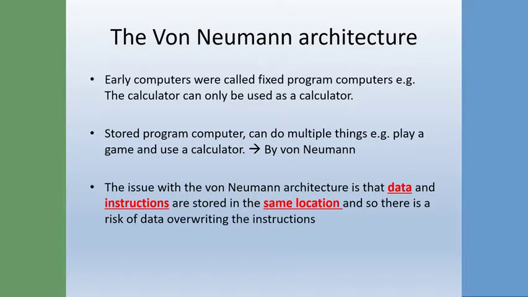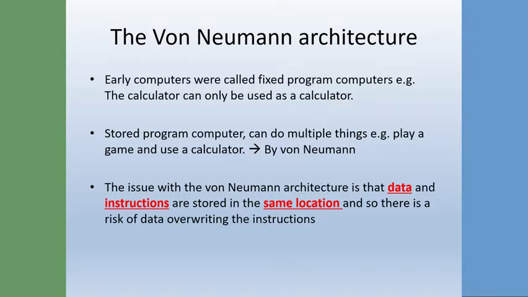Secondly, let's move on to something called the von Neumann architecture. Many, many years ago, back in the early 1940s, computers were called fixed program computers. Basically, they had one purpose. If you think about a calculator, it can only be used as a calculator. That's all it can do. It can't do anything other than basic calculations.